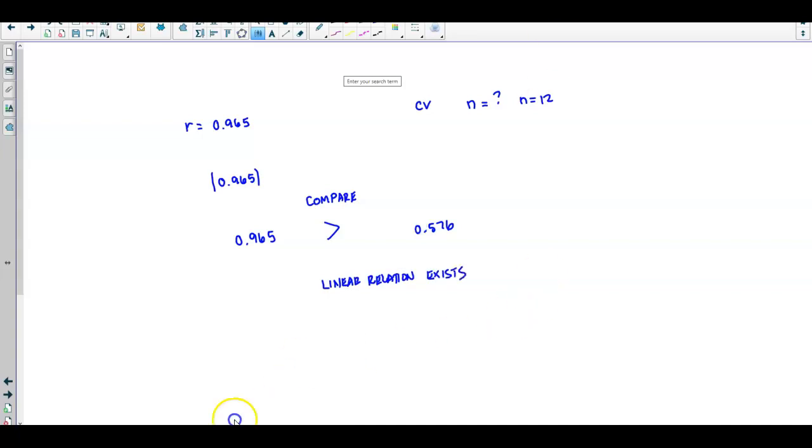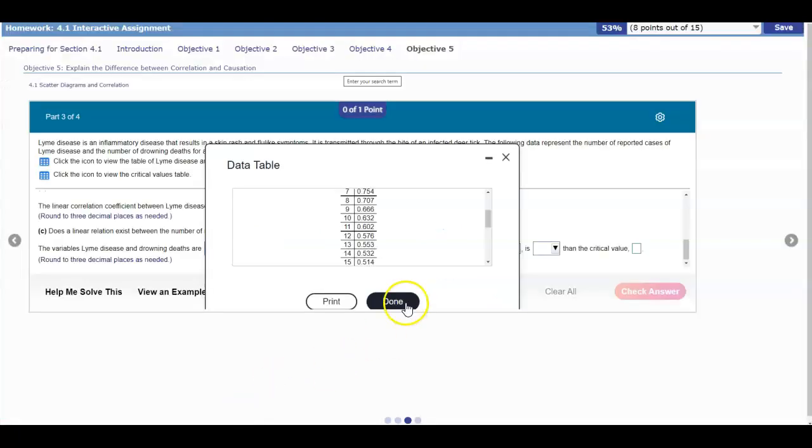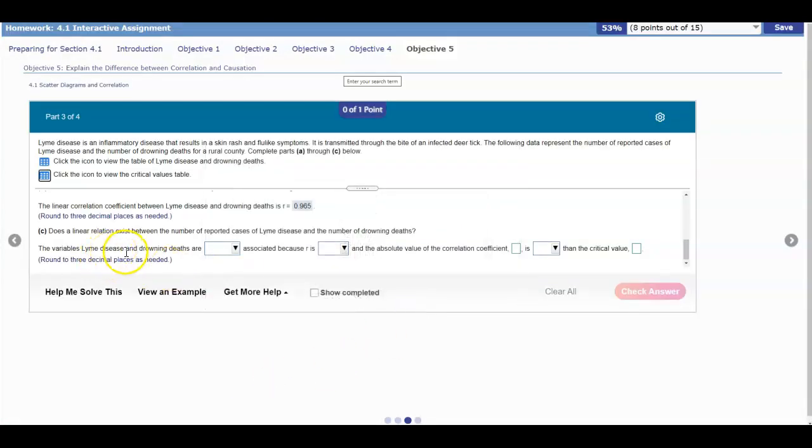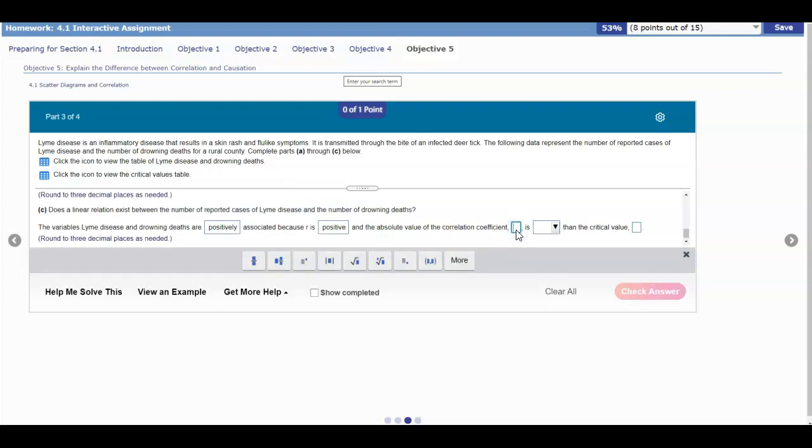So now let's answer our question. It says the variables Lyme disease and drowning deaths are what? We know that it's positive because it's a positive graph, so it's positively associated because r is positive, and the absolute value of the correlation coefficient was 0.965.